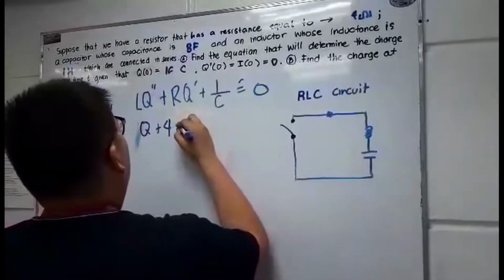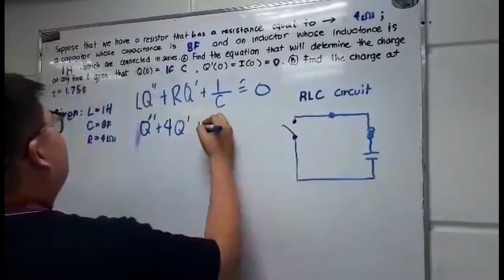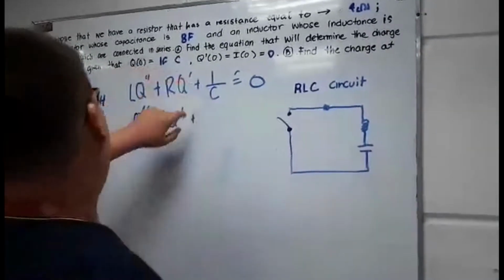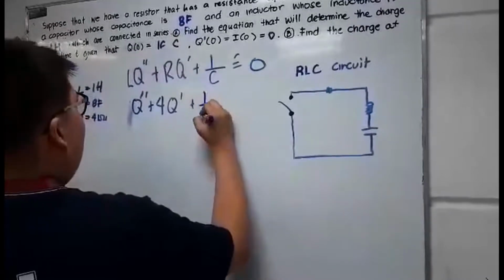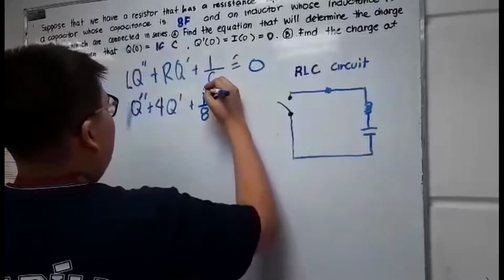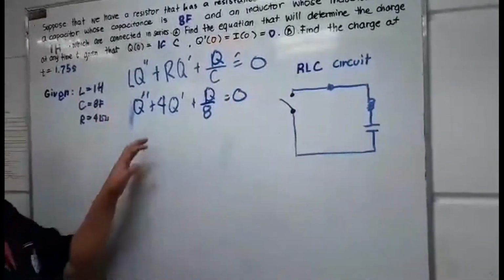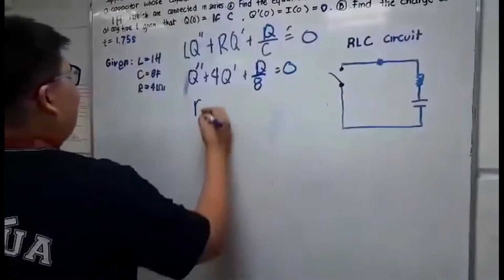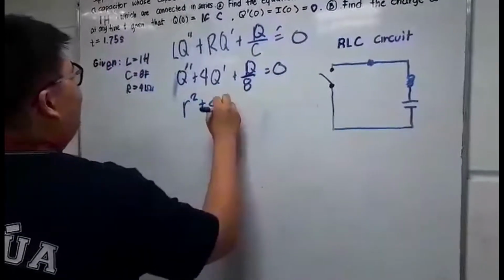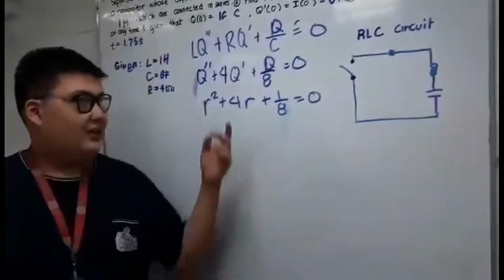Plus, what is the value of our farad? That is 1 over 8 farad, equal to 0. We have to do the characteristic equation, r squared plus 4r plus 1 over 8 is equal to 0, to get the roots.